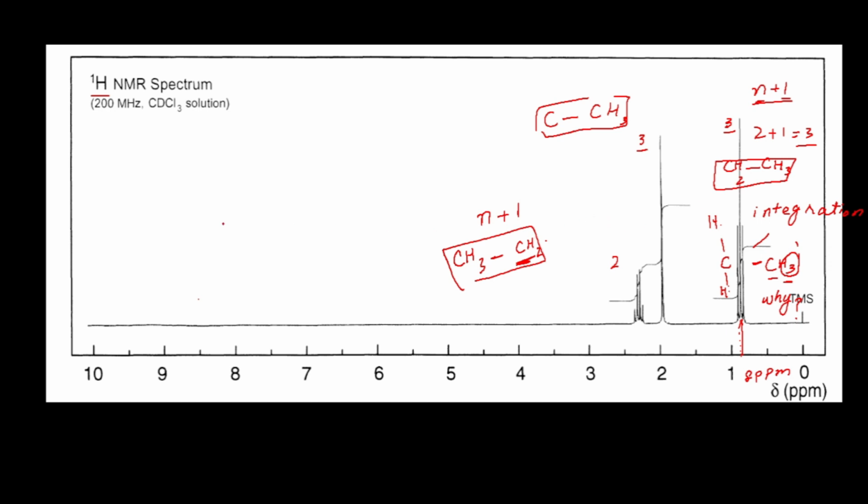It means that the first peak and the third peak give us the information about the CH3 group that is attached with the CH2 group, and this third peak gives us the information about the first carbon atom that is attached with the CH3 group.